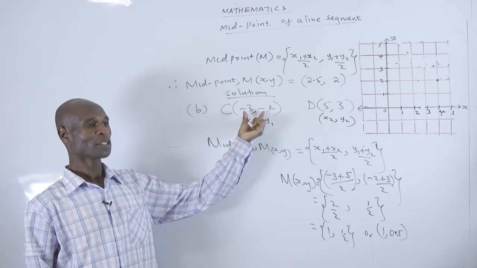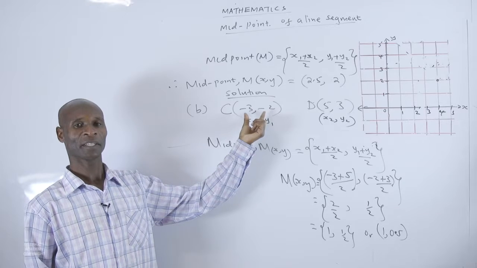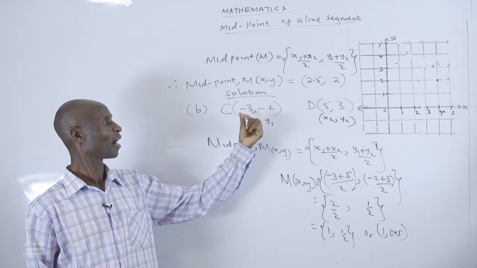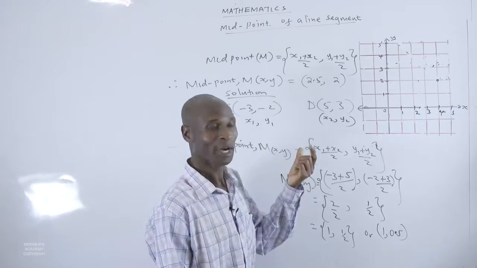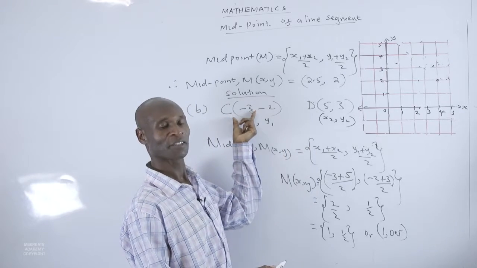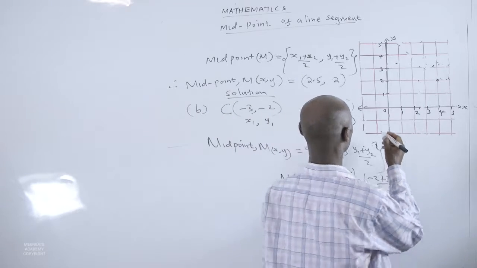Suppose we sketch these 2 points on a Cartesian plane. Let us see how we can locate that midpoint. So going back to our Cartesian plane, point C is -3, -2.